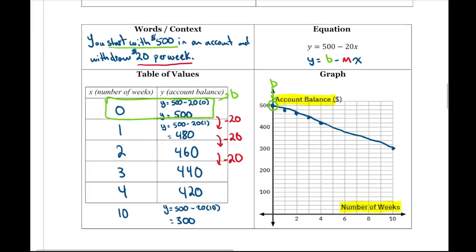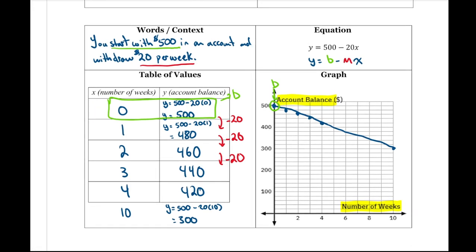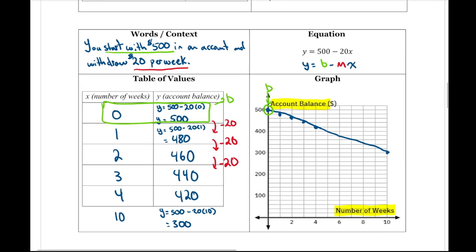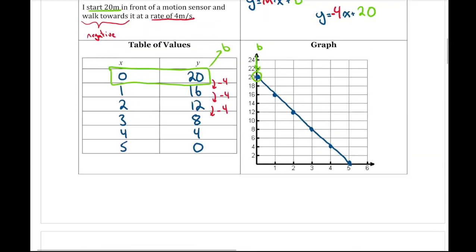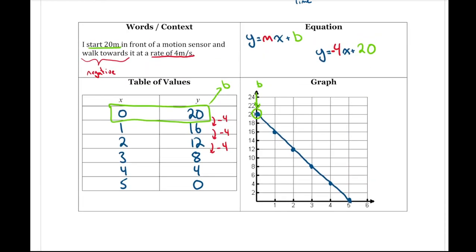The only difference this time is, one, we've looked at movement, so we have a better sense of how the graph should look in terms of increasing or decreasing. And we've added in some scenarios where our multiplier has been negative. On most of the ones we've seen in the past, the multiplier has always been positive. But we do have scenarios where it could be negative, whether we're withdrawing money or losing money every week like we see here, or if we're moving away or towards an object, so our distance is decreasing.